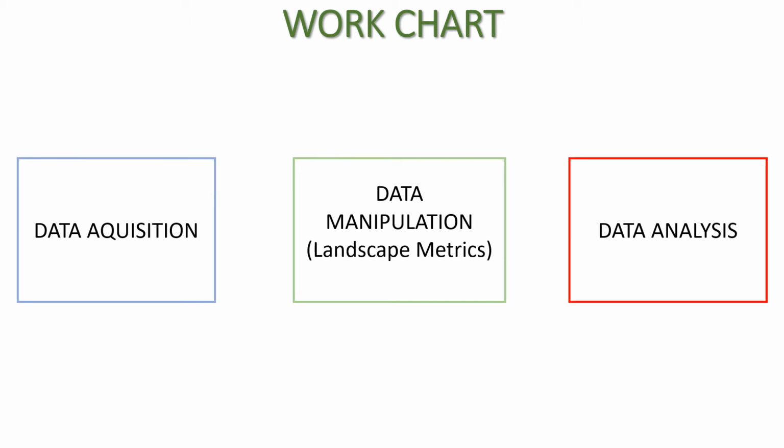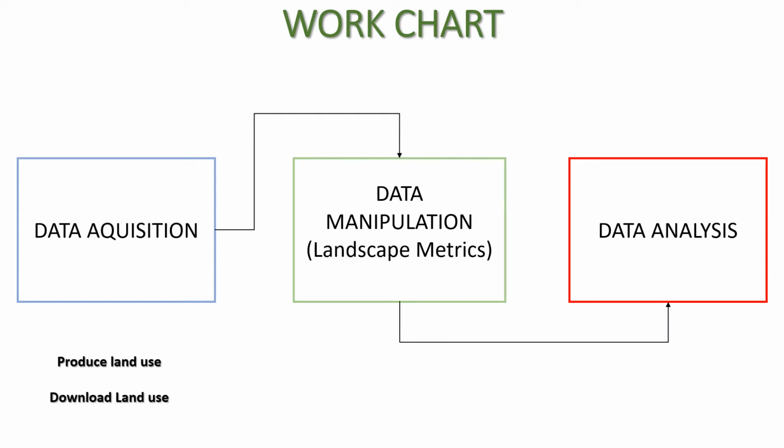And in the last part, we will analyze the results. Then in the first phase, we're going to produce or declare the land use land cover. In the second phase, we will have the software applications, and to finish, we will have the results. Our class today will cover all these three phases.